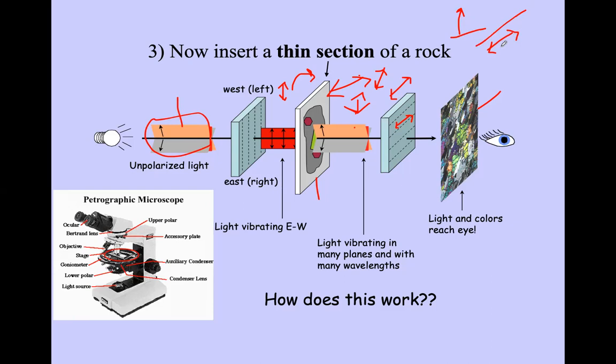Because this is the vibration direction of the second polarizer. So from this light, the component, the amount of light, not the entire light, will be coming, the component parallel to this vibration direction will enter like that, right?